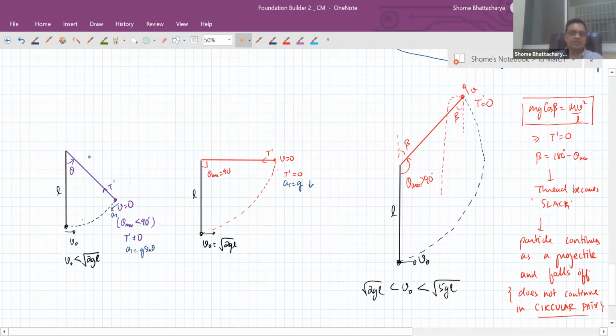For example, in this case, the tension is greater than zero at all points. Here, the tension is greater than zero at all times. Here, the tension is equal to zero momentarily at theta equal to 90 degrees, and the tension is greater than zero at all other points.